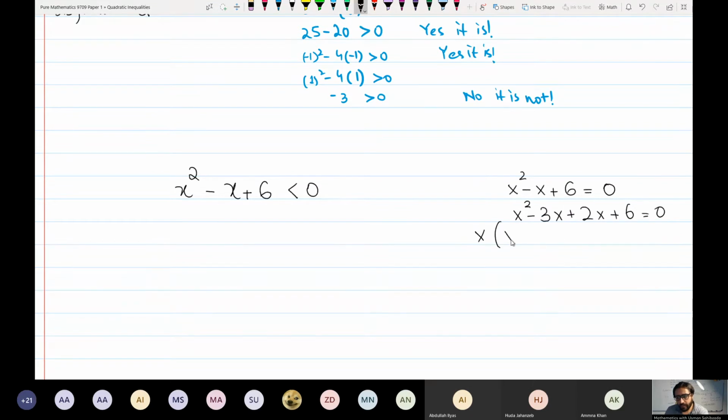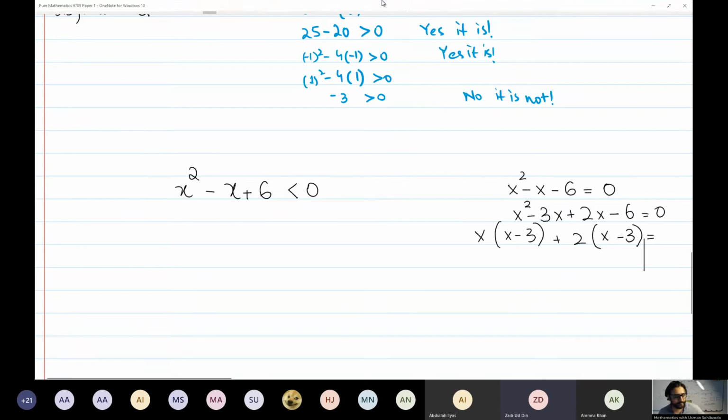X common, x minus 3, 2 common. Oh, I got it wrong. Sorry, my bad. So let me change the question. I made it minus 6. Now it's correct.